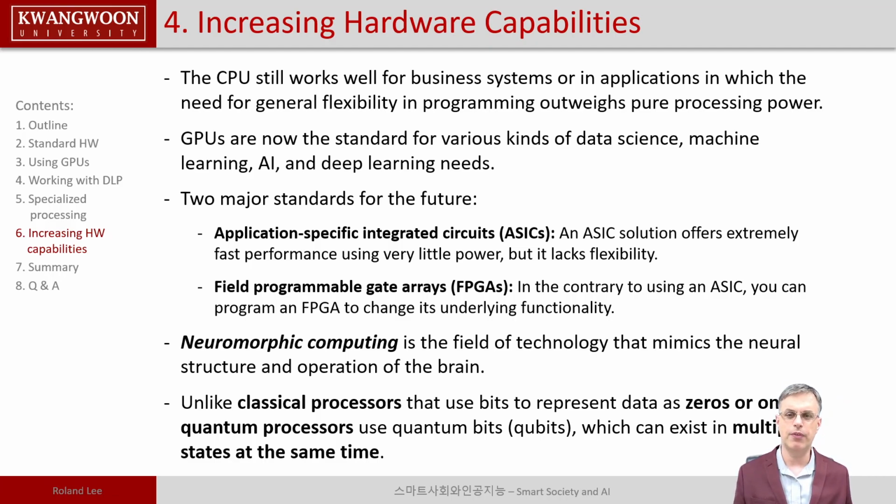Neuromorphic systems often utilize spiking neural networks, so SNNs, which process information like the brain through the timing of spikes rather than continuous signal transmission.